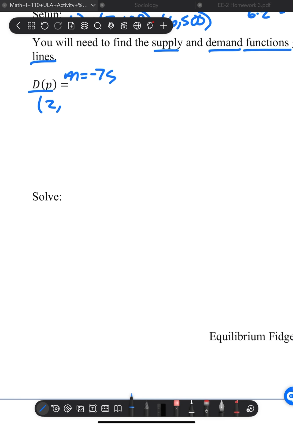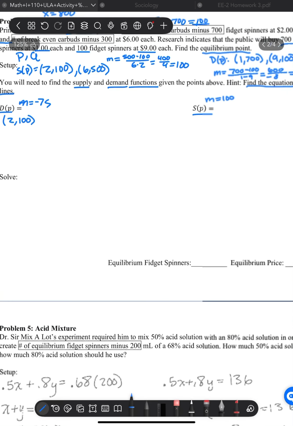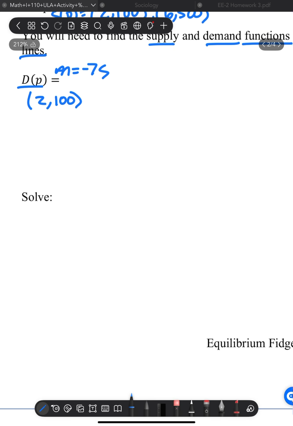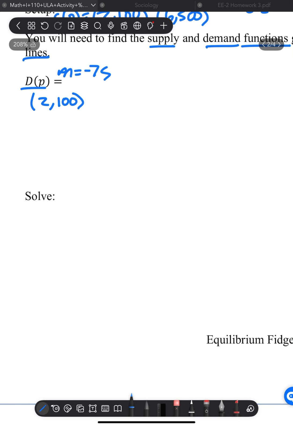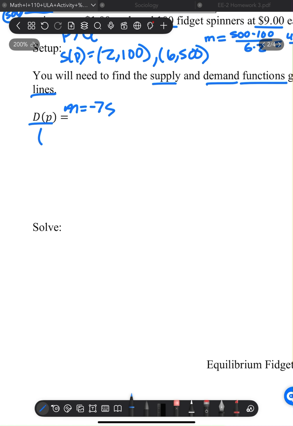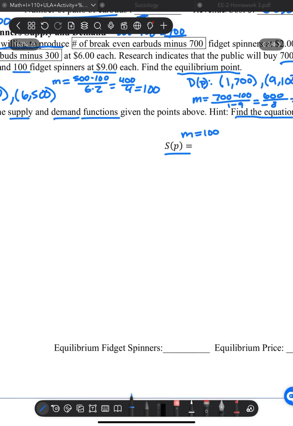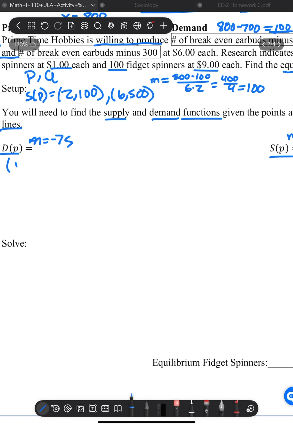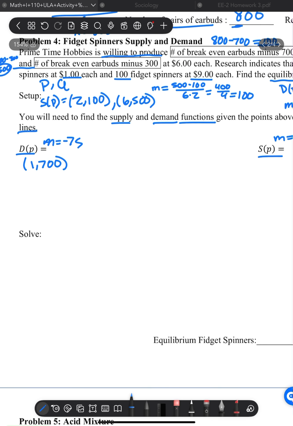Okay, so we're going to use the point 2, 100 for our demand. Okay, because that's what we have above here. Or not 2, 100, sorry, that's the other one. Our demand has negative 75, and our point is 1, 700. I was looking above there.